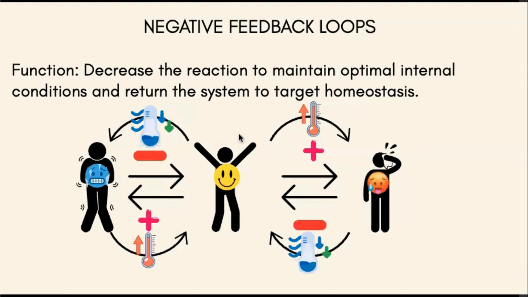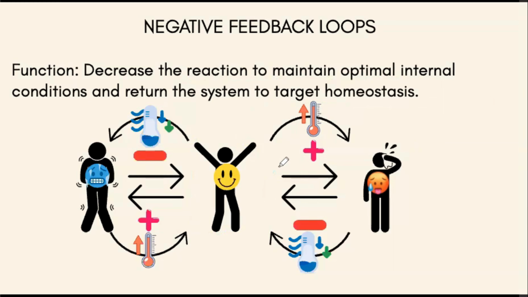An example of this is a negative feedback loop. You want to think of the fact that you're decreasing the reaction by maintaining an optimal internal condition to return back to homeostasis. And that's just a fancier way of saying, let's give this example. Humans, for example, have to maintain a certain temperature to be at homeostasis.